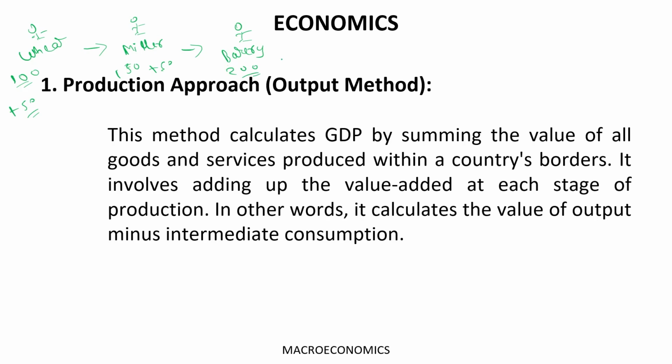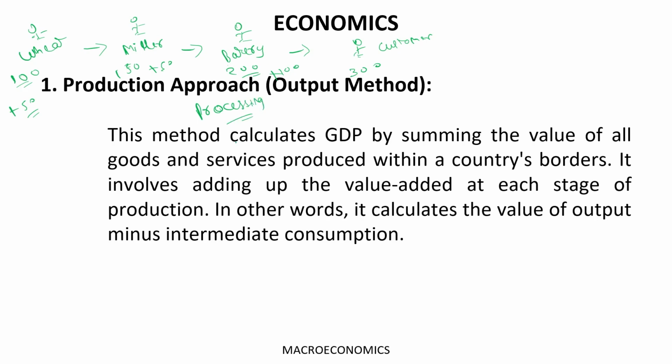Now, at how much will the bakery owner purchase the wheat? At 200 rupees. Then the bakery owner makes goods from the wheat, bread you can say, and sells it to the customer with 100 rupees profit, in which his processing fees are also included.